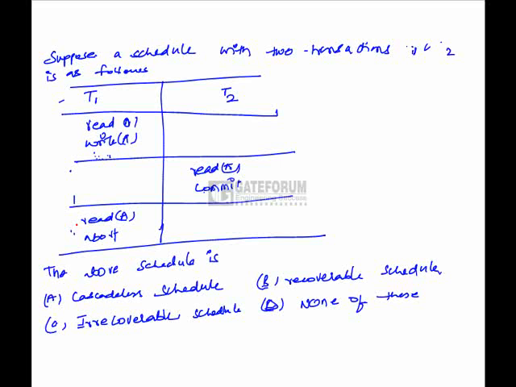In this question, a schedule with two transactions T1 and T2 is given, and we have to find the nature of that schedule. Here in this schedule, transaction T2 reads a data item written by T1, and it commits before the commit operation of T1.